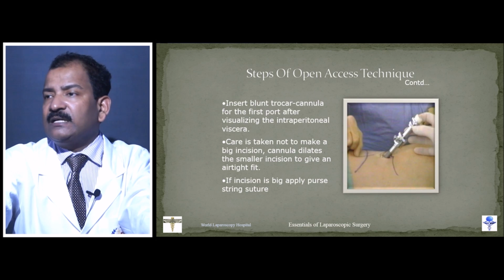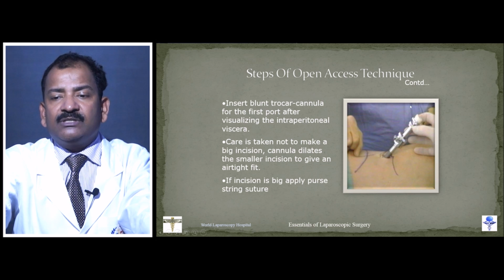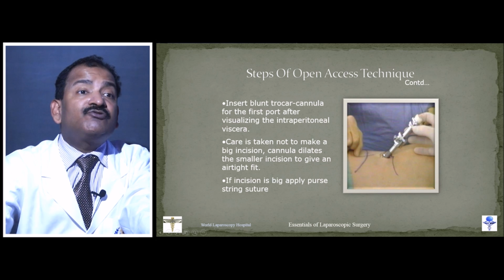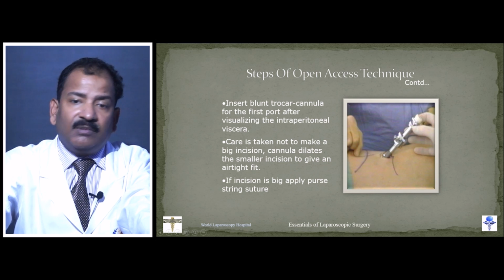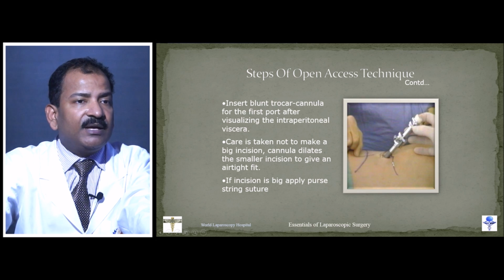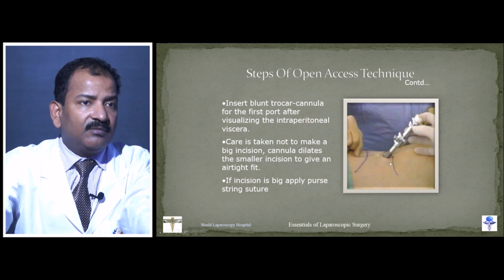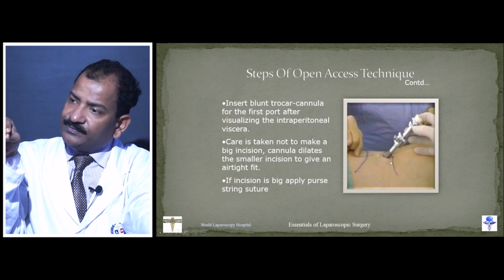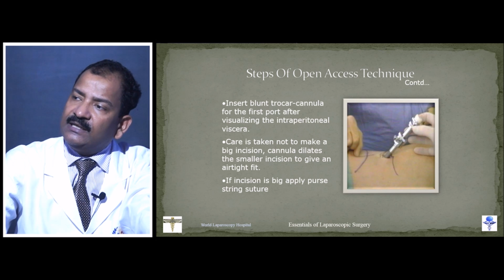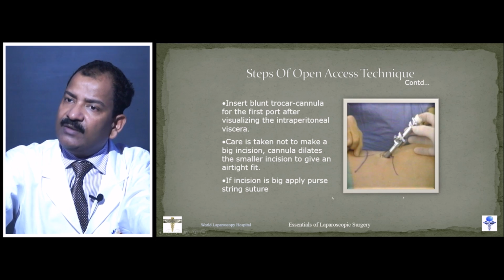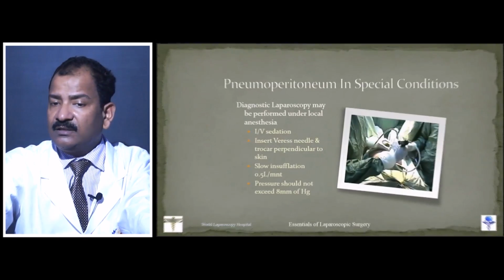If you do not have a Hassan cannula, you can use your simple cannula without trocar, but for that you have to give a purse string suture, because if it is not cone shaped, gas will keep on leaking. So, you have to give a few stitches around it.